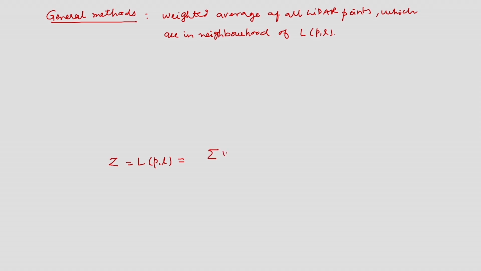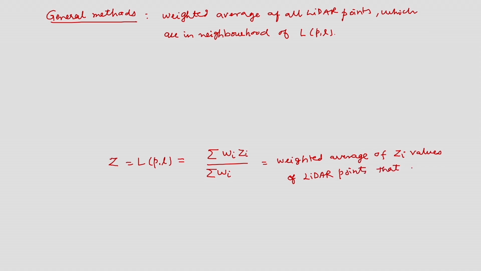It is sigma Wi Zi divided by sigma Wi. So, that is the weighted average of the Zi values of lidar points that are in the neighborhood, and we have already defined the neighborhood.